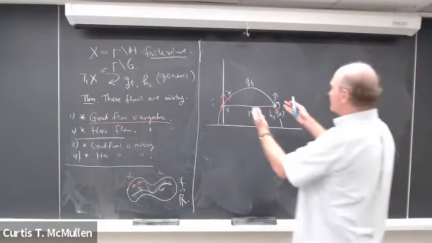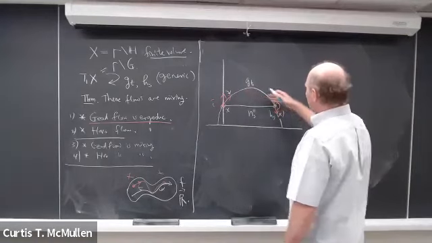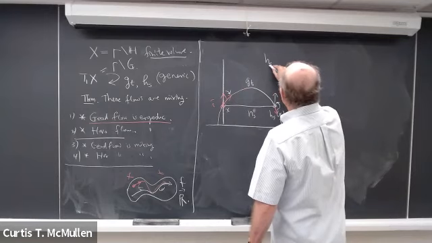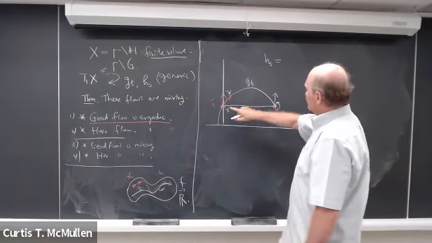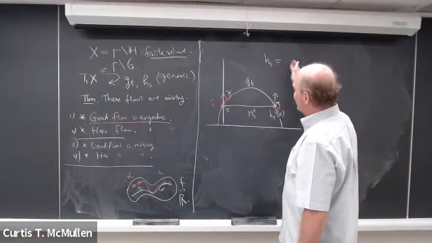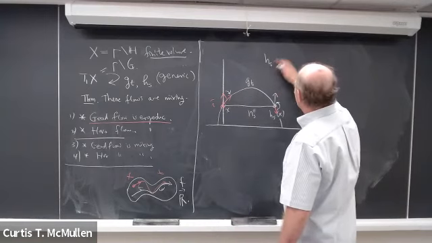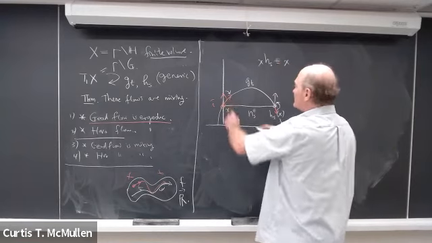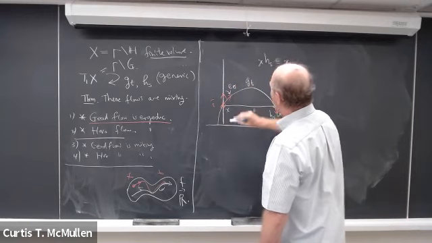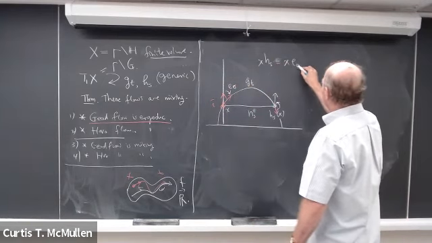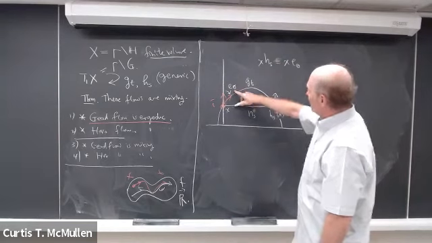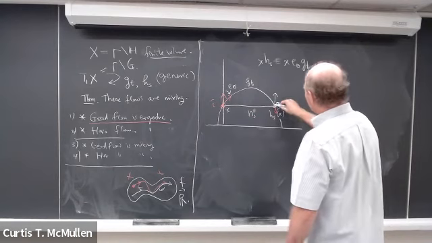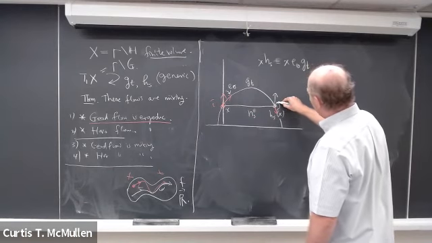So how can I use this to relate h_s and g_t? Well, what this says is that h_s is equal to what? So first, I'm going to think of things again as acting on the left. So let's say x h_s is equal to, you take x, and then you first rotate a little bit, which means you apply e_theta for some small angle theta. And then you apply the geodesic flow for some time t. And then you have to rotate back.